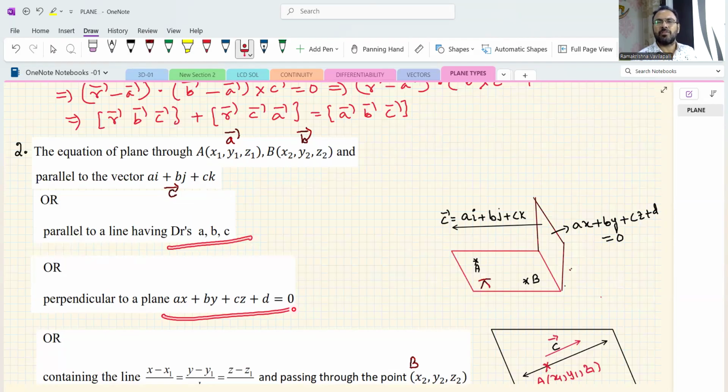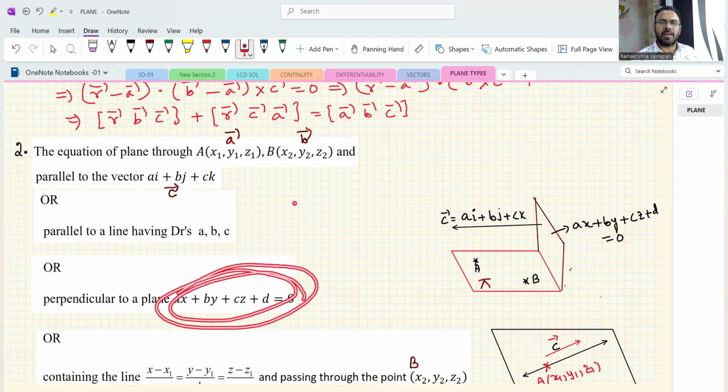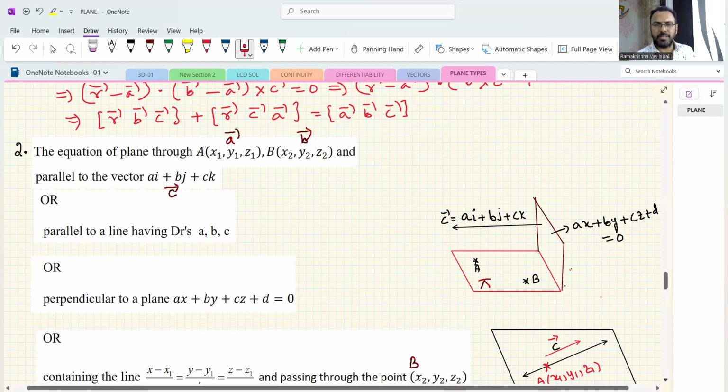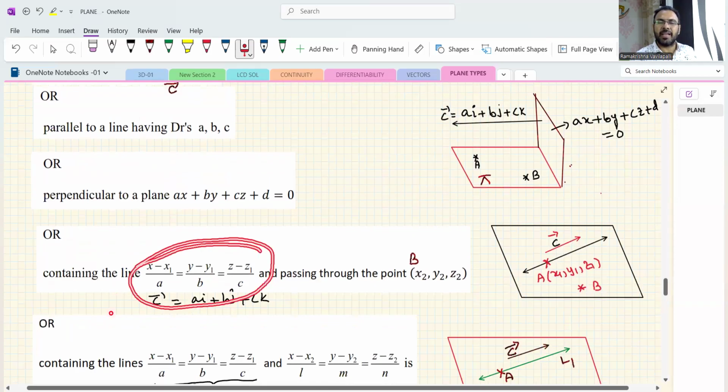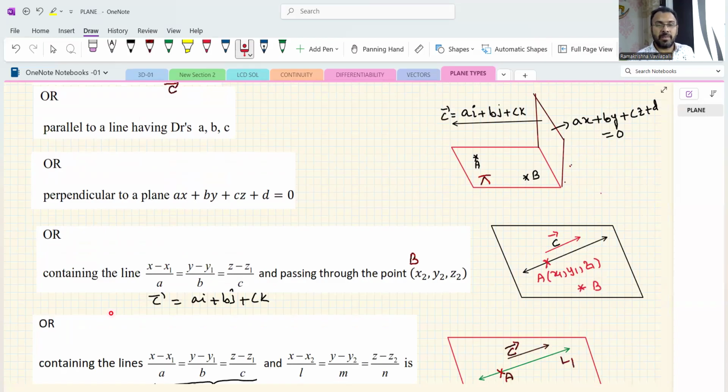Or perpendicular to the plane Ax plus By plus Cz plus D equals 0, which is nothing but its normal is parallel to the required plane. Or directly they can say containing the line x minus x1 by a equal to y minus y1 by b equal to z minus z1 by c, and passing through another point.